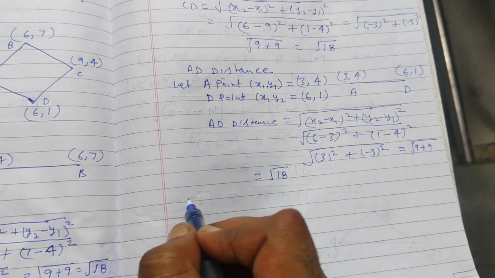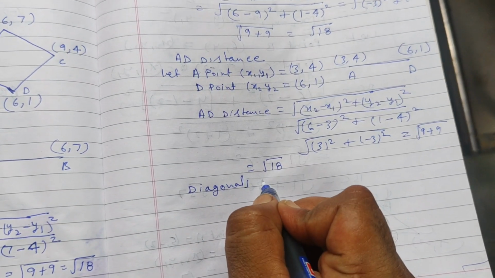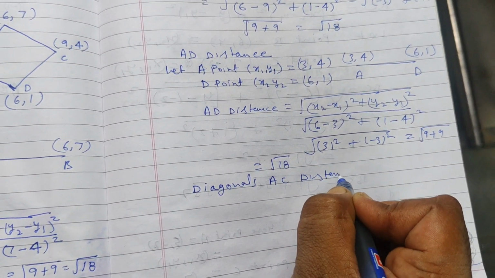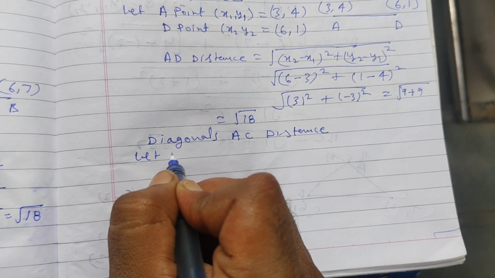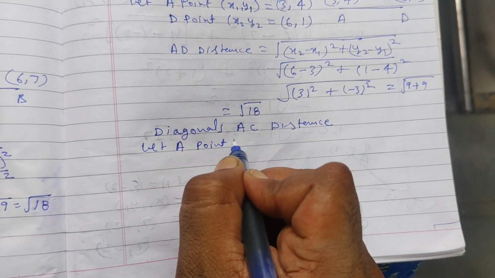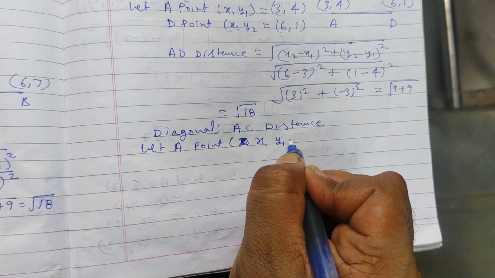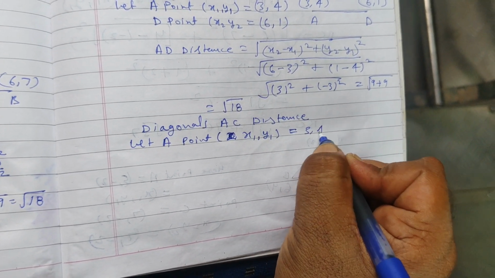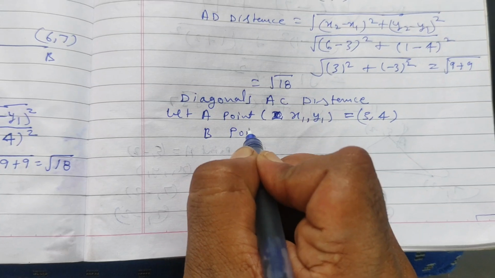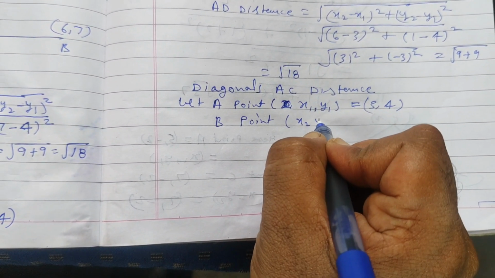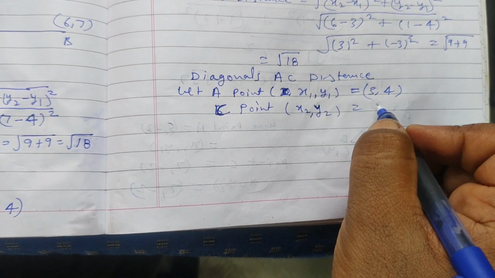We will check the diagonals. AC distance. Let A point be (3, 4), (x1, y1), and point C (x2, y2) is (9, 4).